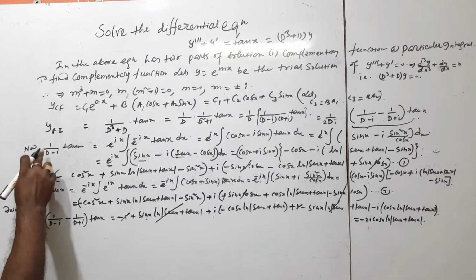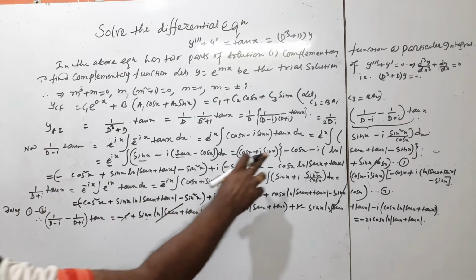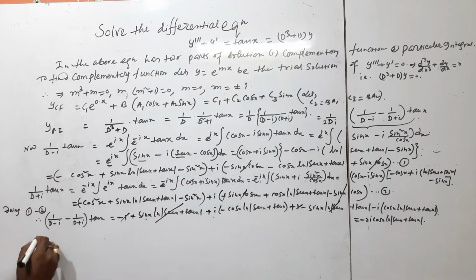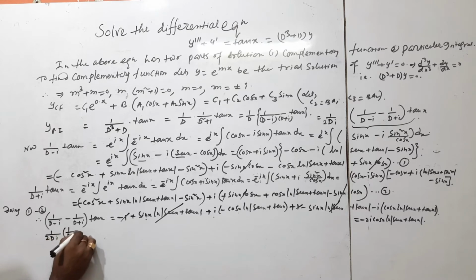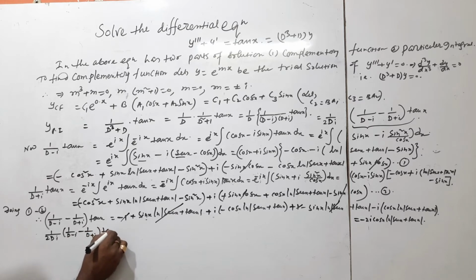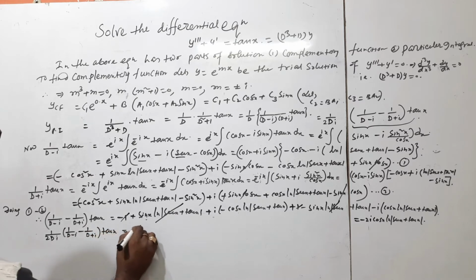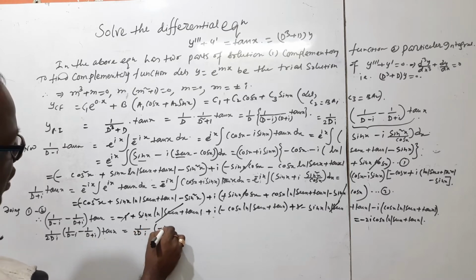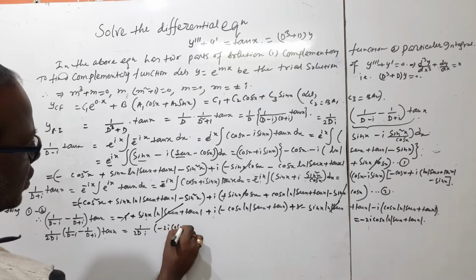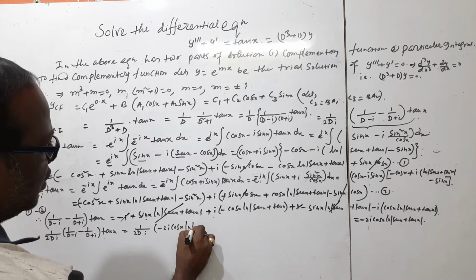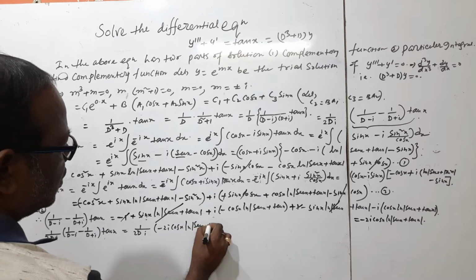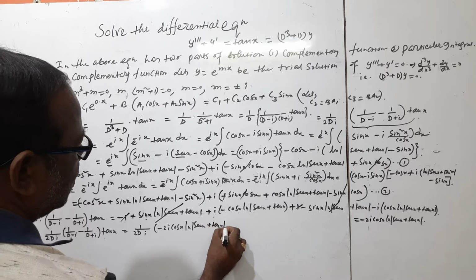Now this is here 1 over 1 by 2 di, 1 by 2 di into 1 minus d minus i, 1 over d plus i into tan x, so this is equal to 1 over 2 di into minus 2i into cos x ln mod sec x plus tan x.